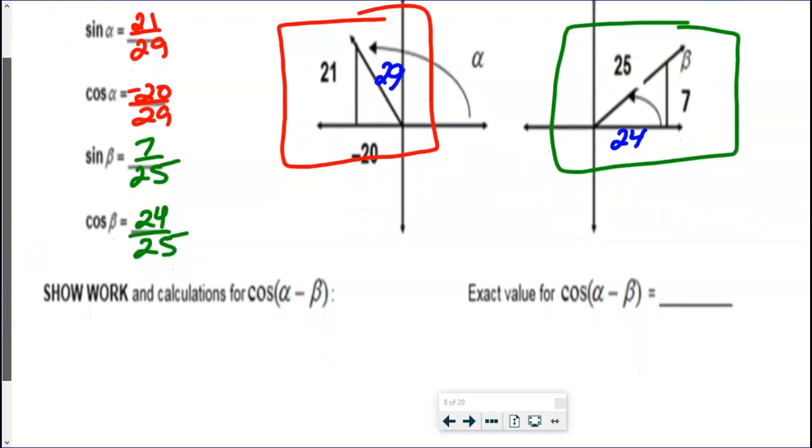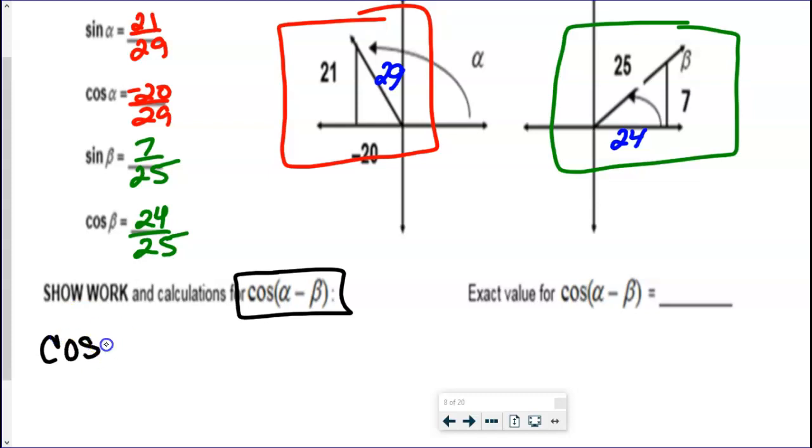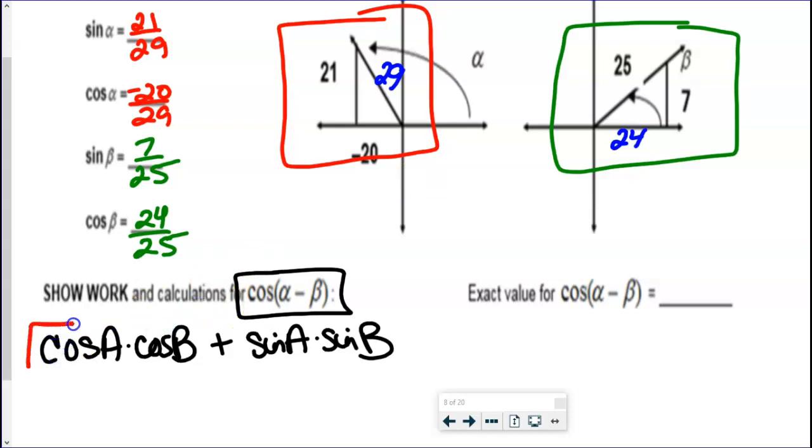So what we're going to be really clear about on our test is you're going to write out the identity that you're using to figure out cosine of alpha minus beta. So this identity, straight off my formula sheet, is cosine, cosine plus sine, sine. So if you can't use alphas and betas very easily, just use a's and b's. So cosine, cosine plus sine, sine. And then if you think about what you're doing next, you have the cosine of alpha.